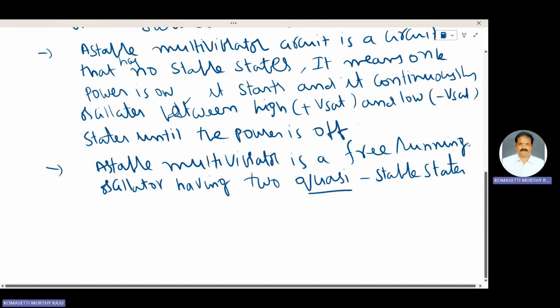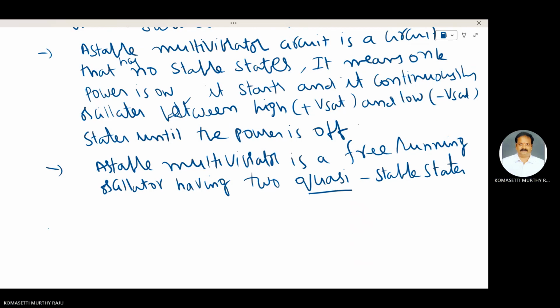There is oscillation between these two states, and no external signals are required to produce the change in state.